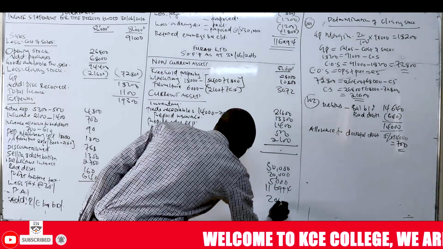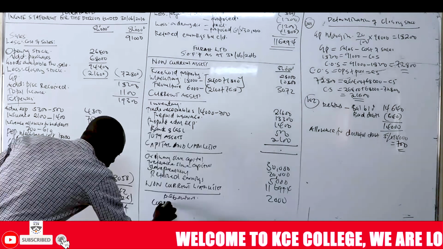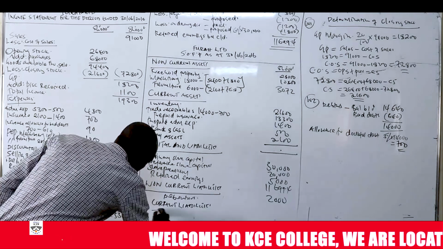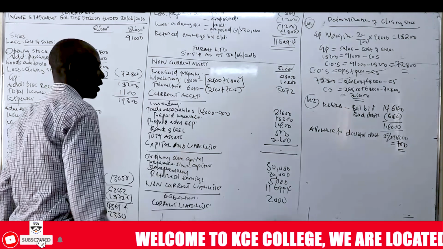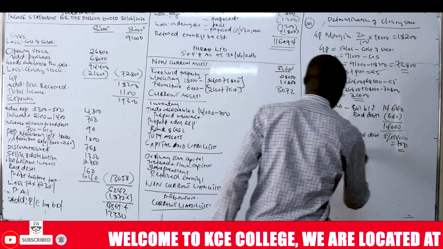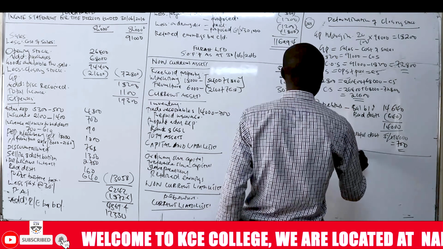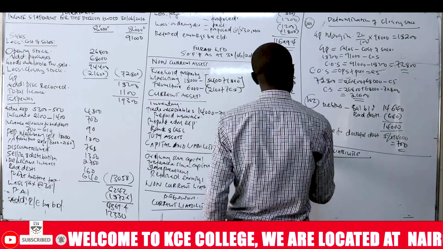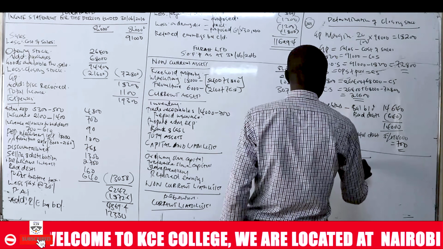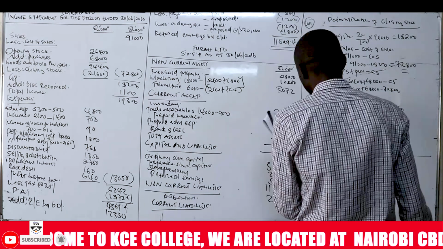And then here we have current liabilities. We have trade payables. How much is it? 7,200. What else do we have?